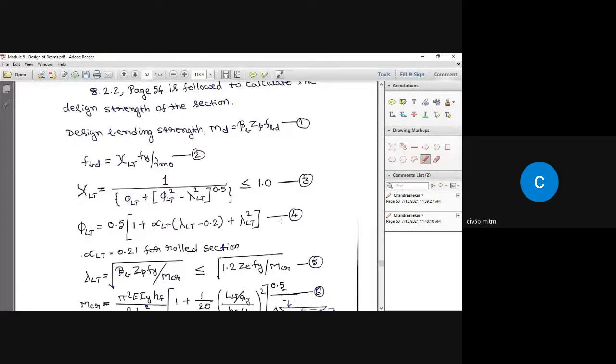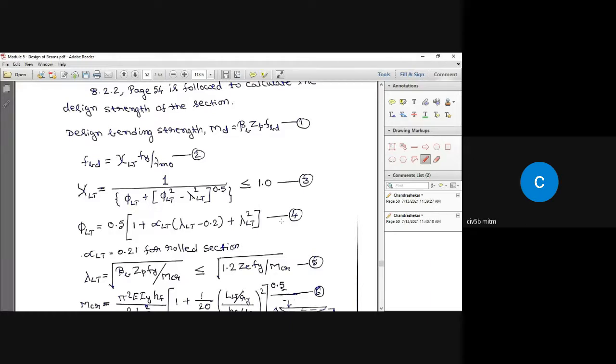What is MCR? That is the elastic critical moment calculated in accordance with 8.2.2.1. Where is 8.2.2.1? On the same page, go to the next column. It says elastic lateral torsional buckling moment. Okay. So here, to find out MCR, we have a formula. It is a complex formula. There is something under the root sign.